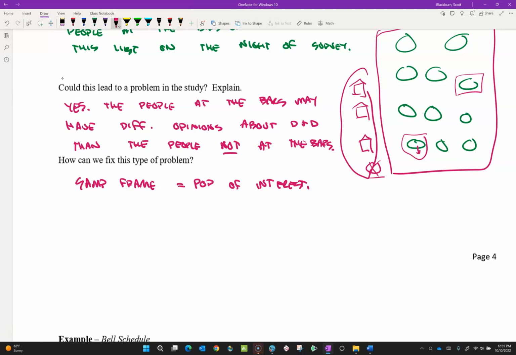But then, what about people that aren't registered voters? So it's not easy, but that's what needs to be done. We need to sample from all people in the population. Otherwise, we're going to have problems. Okay? All right.